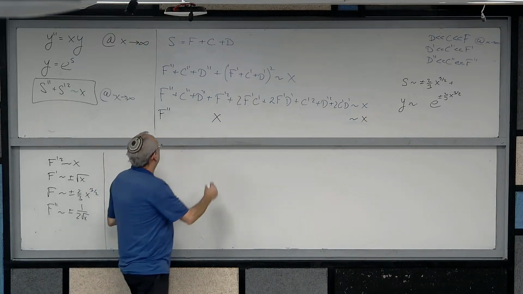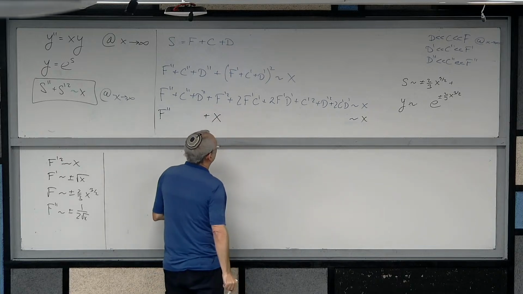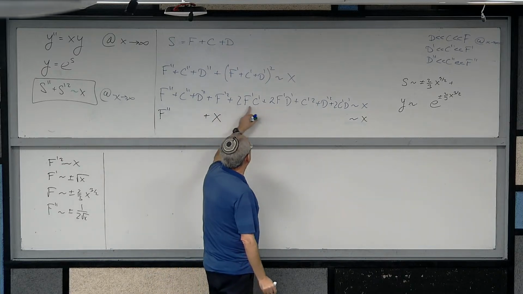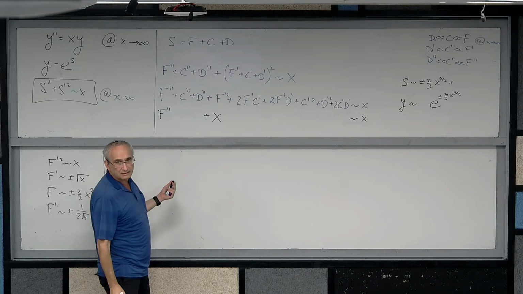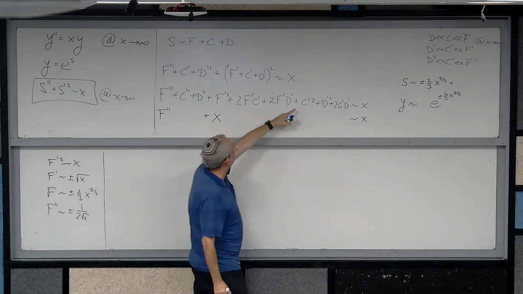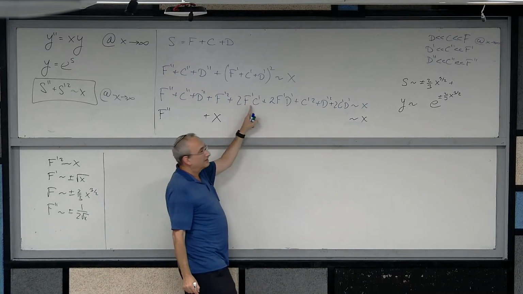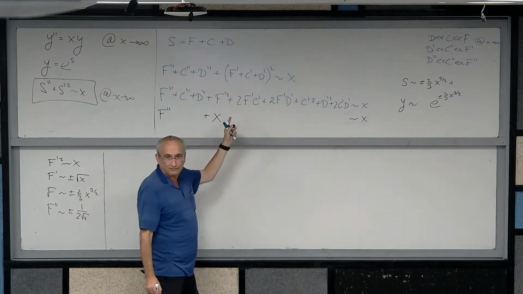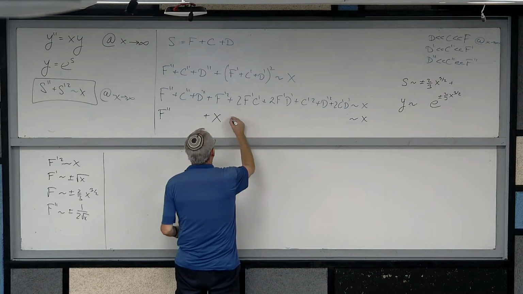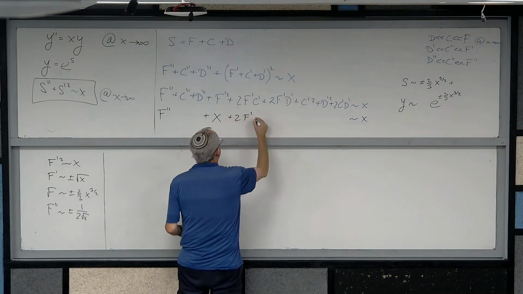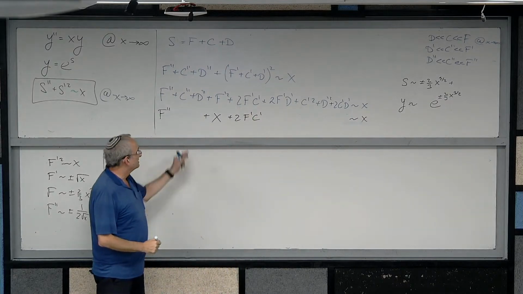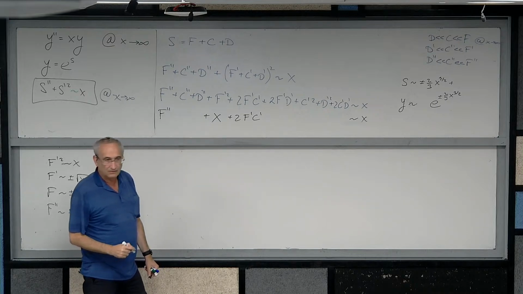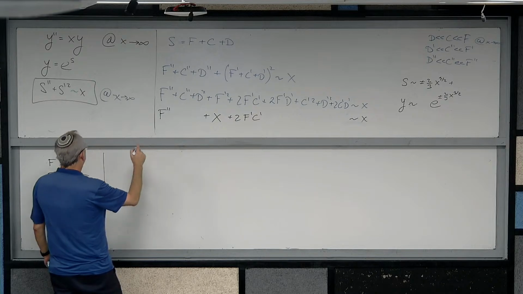Okay, so I have this, and now I would like to take from these guys the biggest one. Who is it going to be? The f prime c, right? Because clearly c squared is smaller than f c, and of course d is smaller than c, so it will be the f prime c. So I will have this equation plus 2f prime c prime equals x, and the x cancels out. So what I get is f double prime, and what is f double prime?